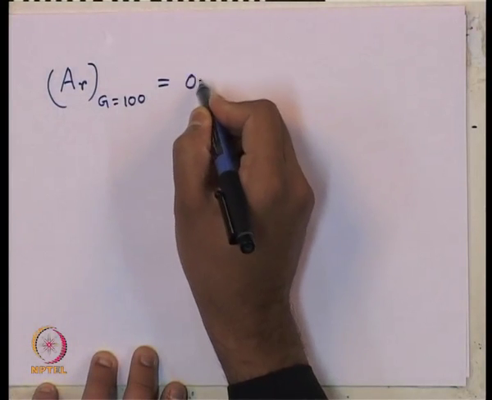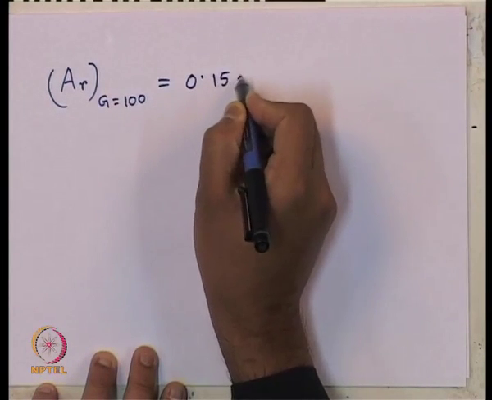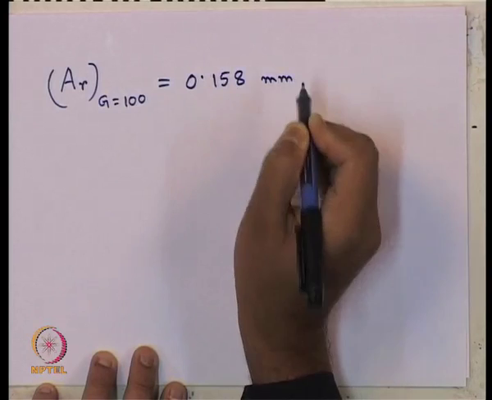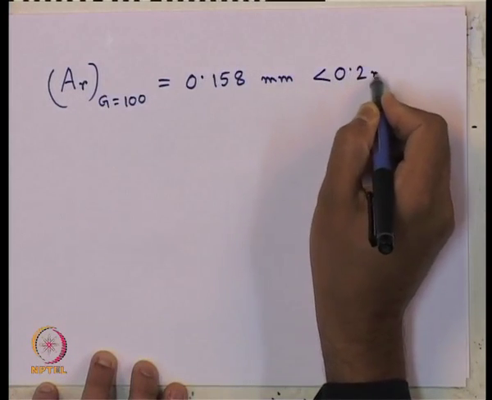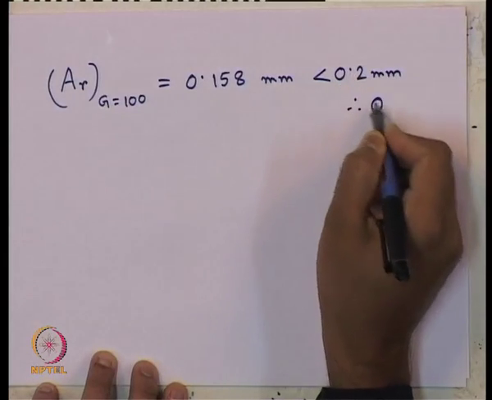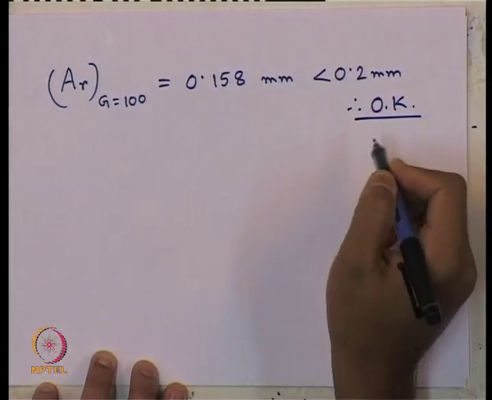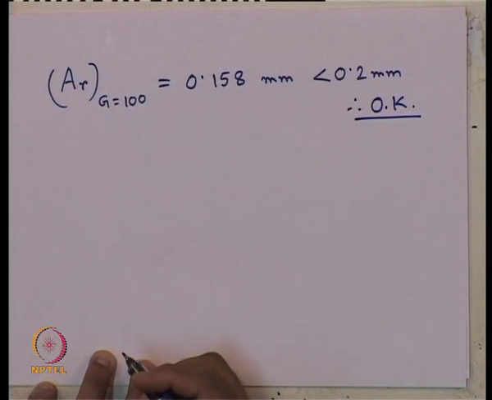So, it is pretty simple to calculate these things directly. Here it is less than 0.2 mm. Therefore, for the second type of soil it is still okay. Even if it goes close to resonance condition, the displacement amplitude at resonance is still below our permissible limit.